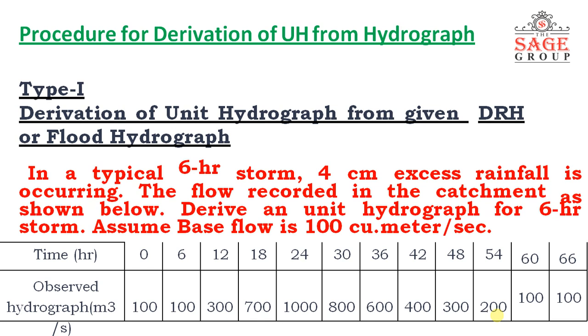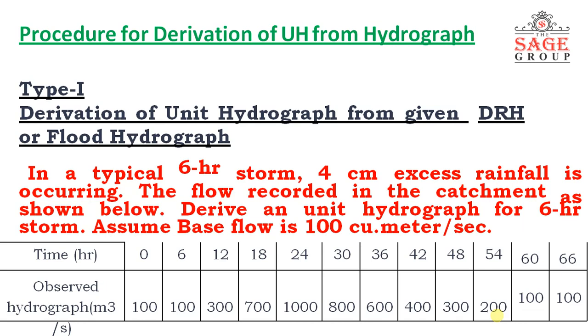So the sample question is placed here. Let's see what information is provided in the numerical. The question is like this: in a typical 6-hour storm, 4 centimeter excess rainfall is occurring. The flow recorded in the catchment is as shown below.